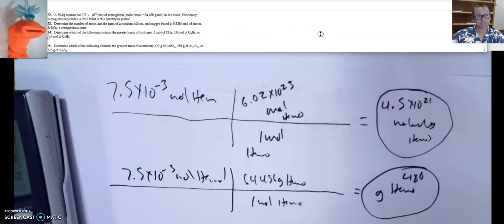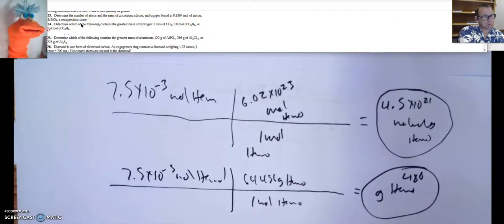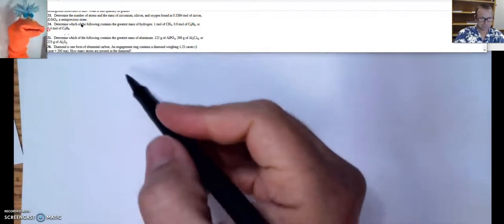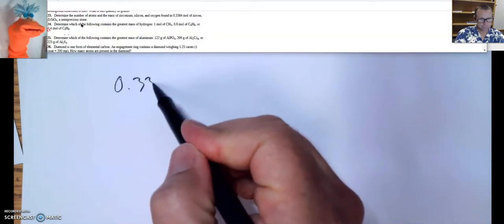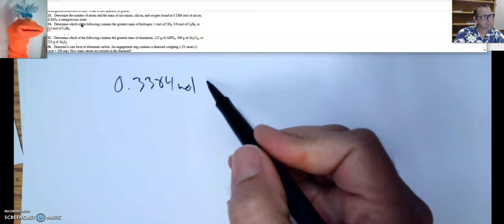22? No, 23. Determine the number of atoms and the mass of zirconium, silicon, and oxygen found in that many moles of zircon. So if I have that many moles of zircon, 0.3384, zircon is what?